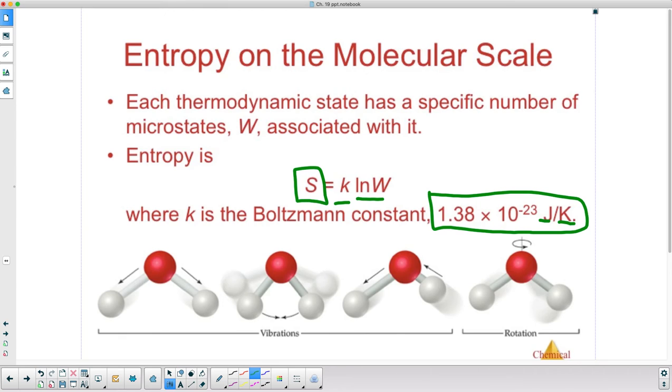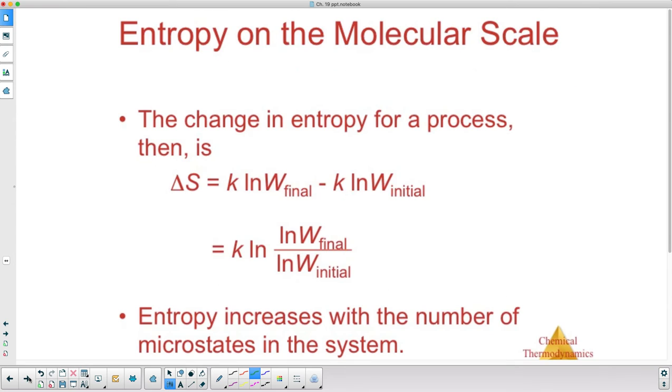Now, if we're talking about molecules, the specific number of microstates a molecule can have is not easily known. But there is one way we can check it. So the delta S is equal to final minus initial. So that's the S of the final minus the S of the initial.